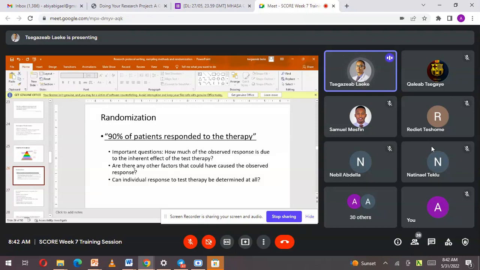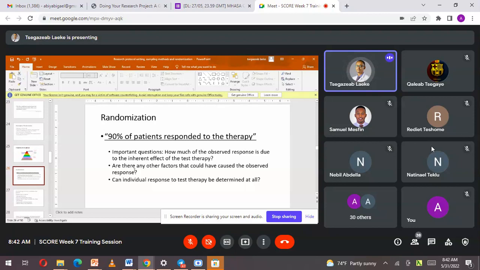Let's say you got a cold, and then you took paracetamol or antihistamine, and then you responded. But at the same time, you have taken other medications. So if you say I recovered because of the paracetamol, is it right to say so?